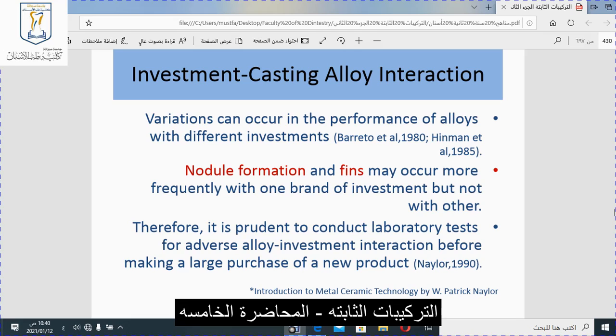Gypsum bonded investment is used with low heat alloy. In case of gold alloy, it is below 120 degrees centigrade to prevent disintegration of the investment when receiving high heat. It cannot be used with metal ceramic alloy or base metal alloys.